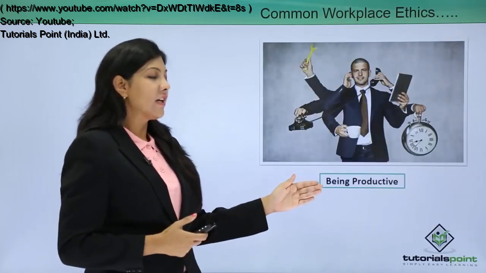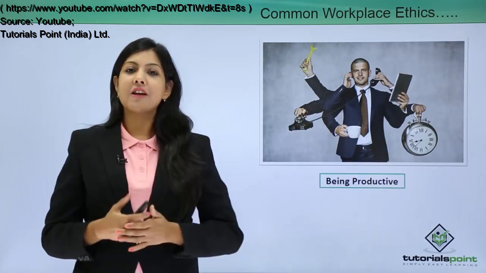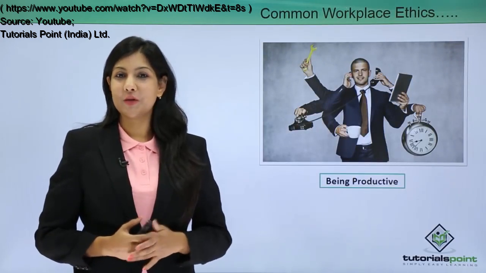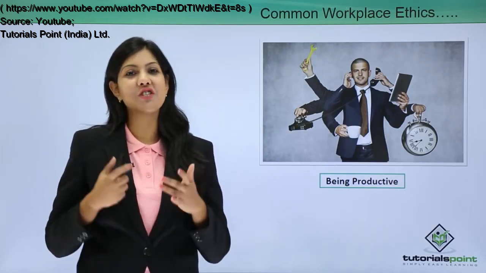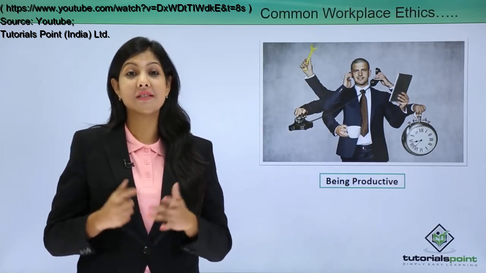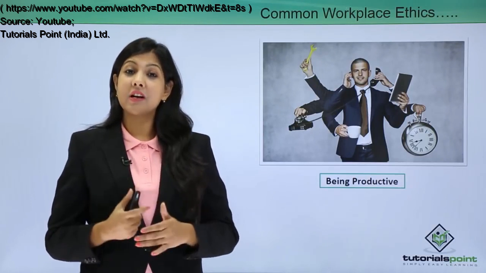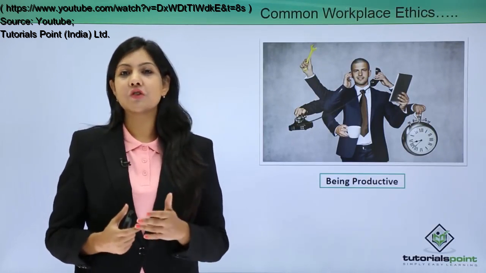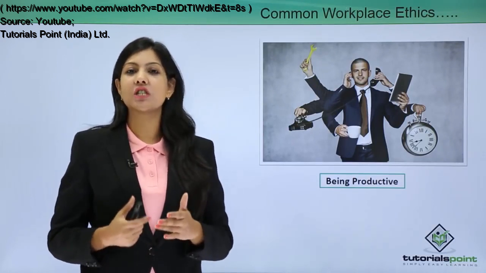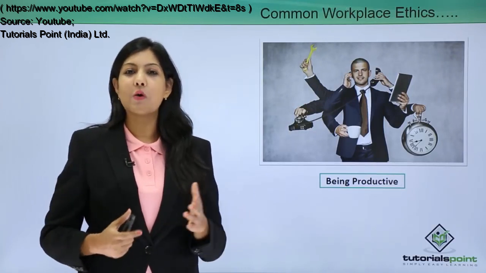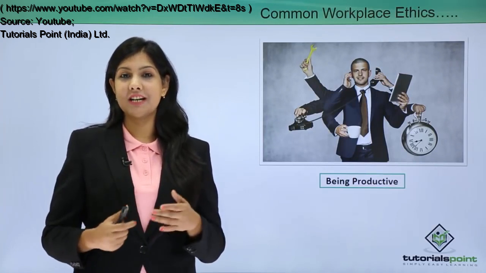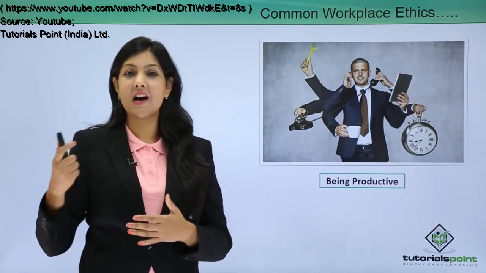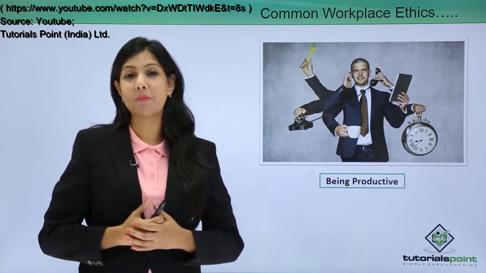Next thing is with regards to being productive. Well friends, everybody gets 24 hours in a day. Nobody gets more or nobody gets less. But yet some people are able to finish all their tasks within that particular stipulated time. With regards to being productive, it's really essential to understand that you shouldn't waste your time at work. Don't loiter around, start gossiping with other people, go to the coffee machine and while you're sipping your coffee, you're wasting half an hour, 45 minutes just talking to people randomly.